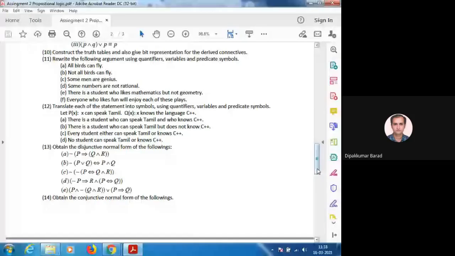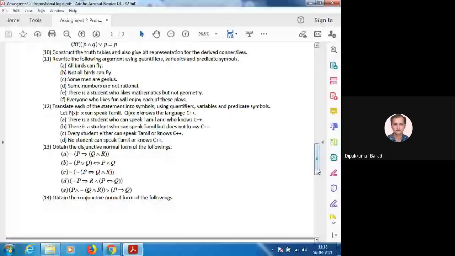So the sum of elementary products and the product of elementary sums, and we have applied logical arguments on this by using equivalent statements.